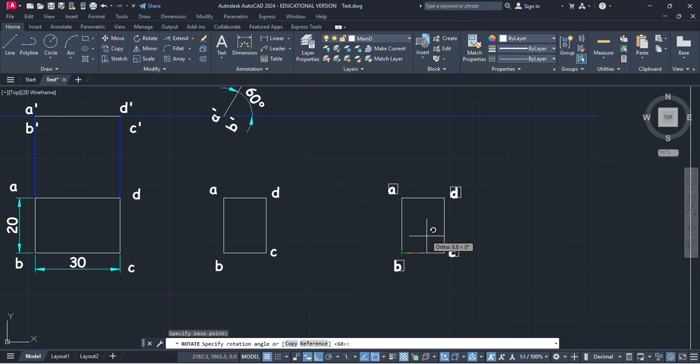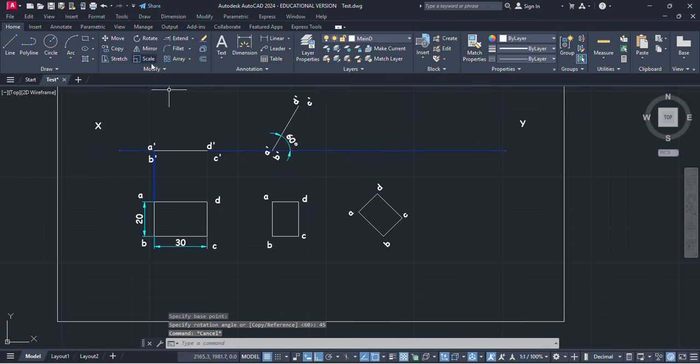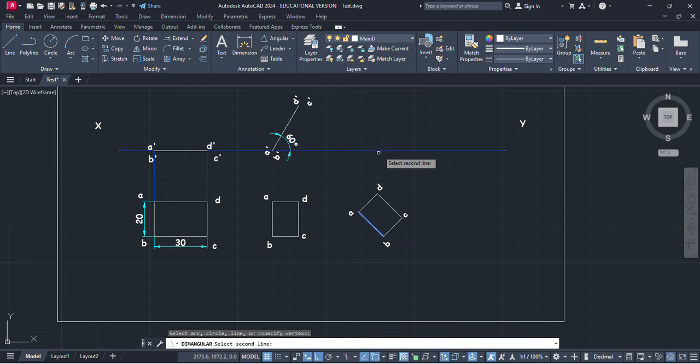Provide the rotation angle, which is 45. Now measure the angle between these two, AB, and this is going to be 45 degrees. So now this is our front view, in which this resting edge is at 45 degrees with the VP.